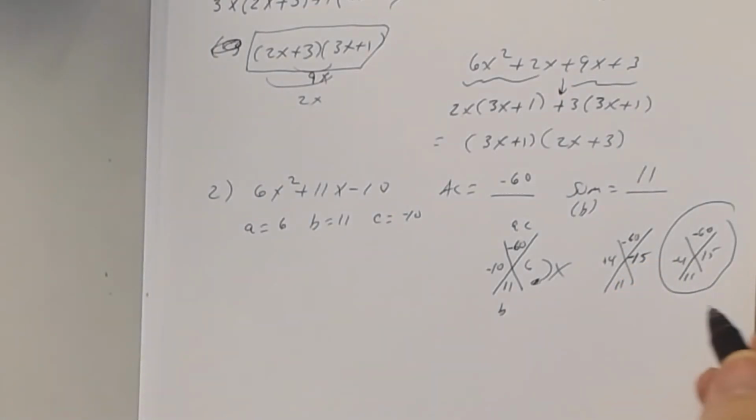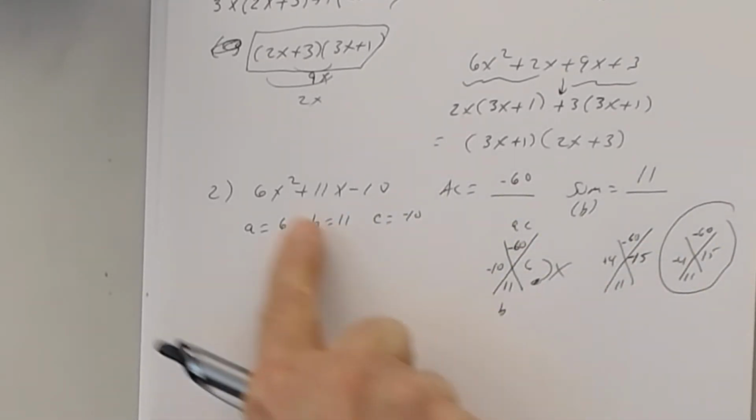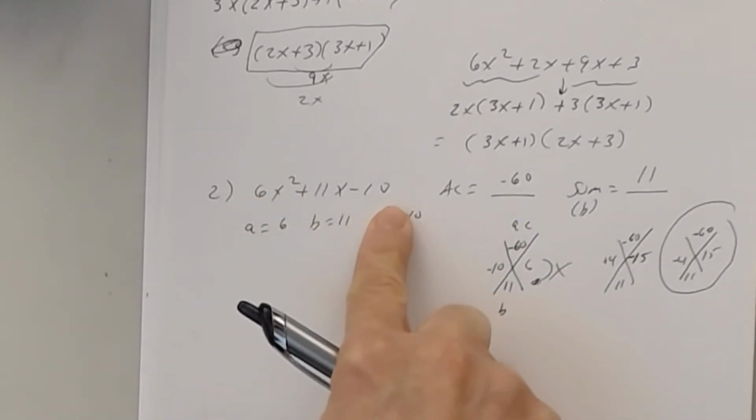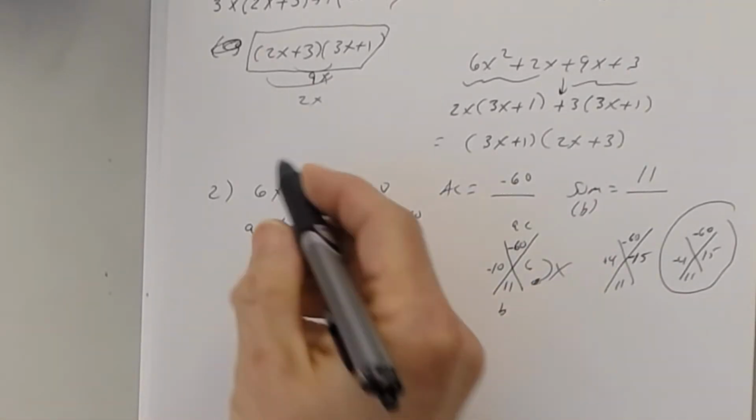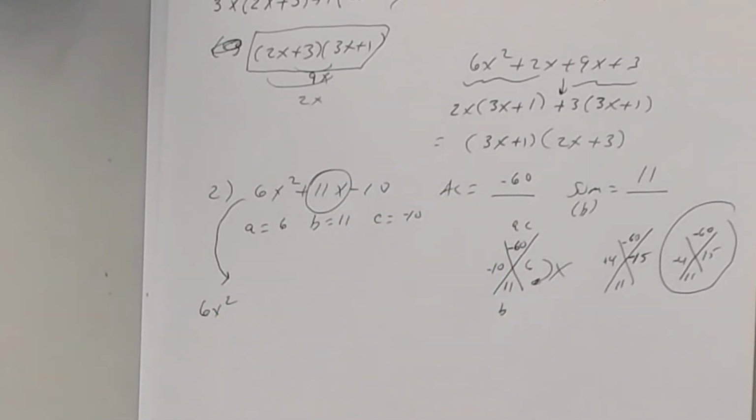Now, once we get the right pair, all you've got to do is rewrite this trinomial as a polynomial with how many terms? 4. So you're going to say 6x squared, and then you rewrite the positive 11x as 2 terms.